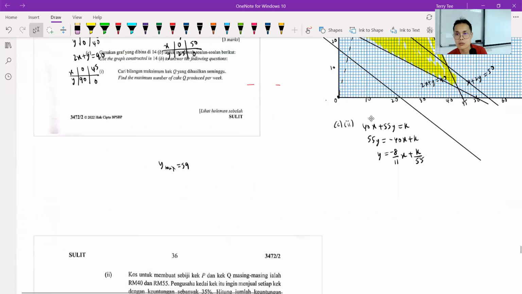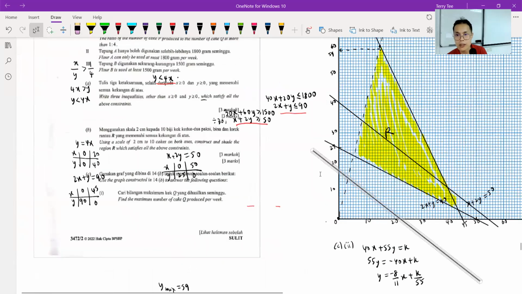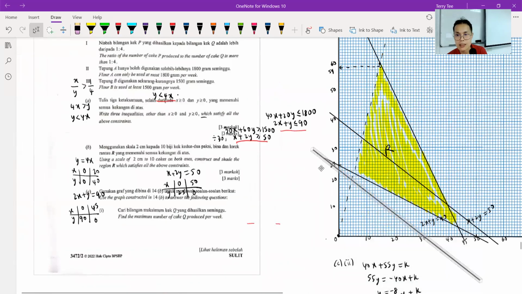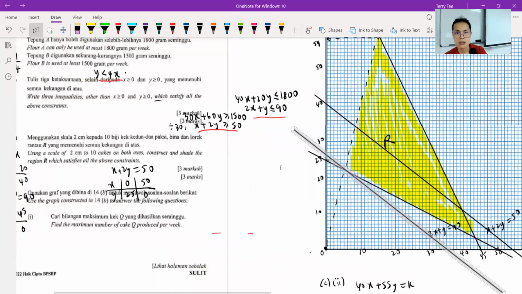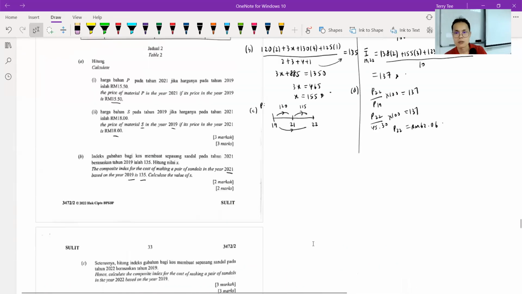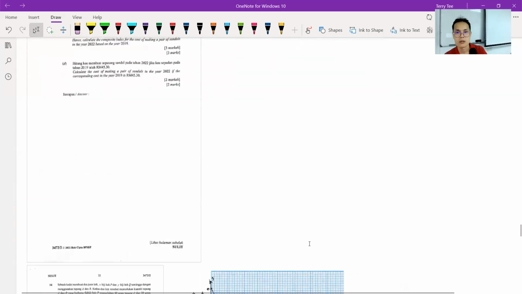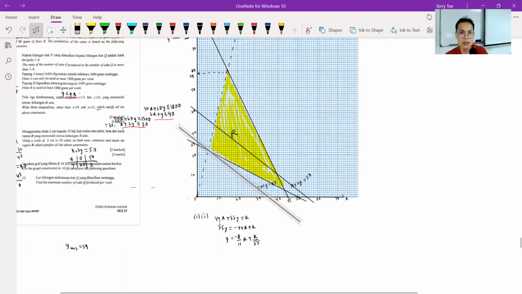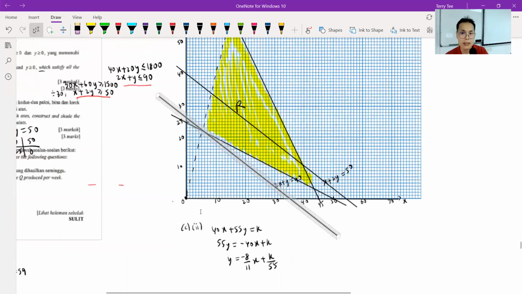And the line should pass through at least a point in the region that gives us the minimum y-intercept. So the point in the region, right? Remember, you cannot take the dotted line here. Yeah, cannot take the dotted line. We have to take a point inside the region.